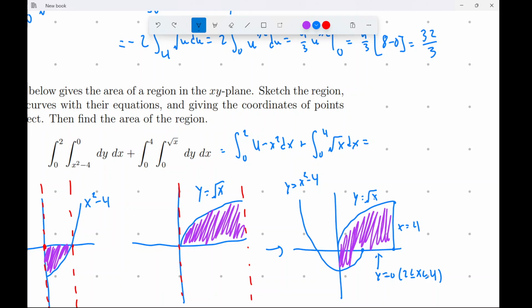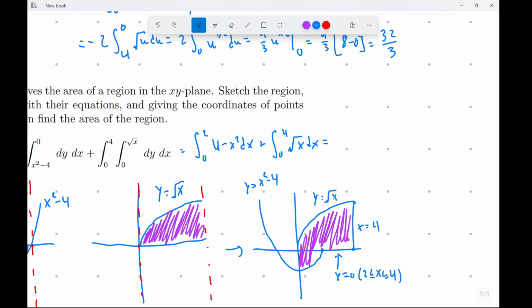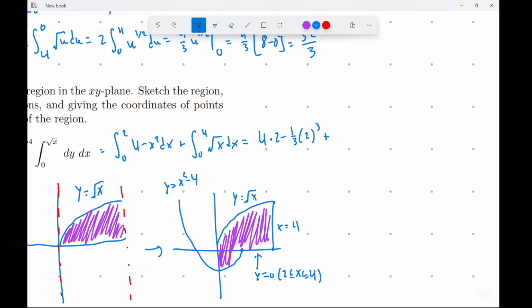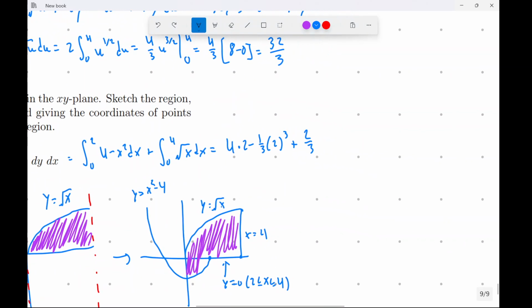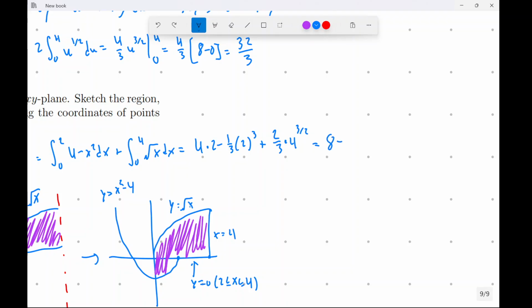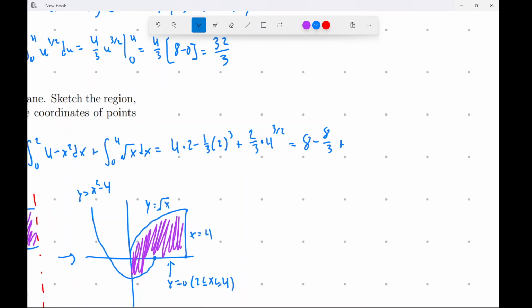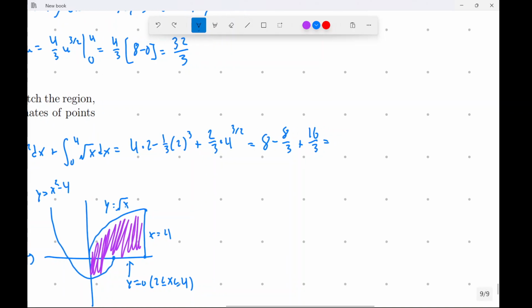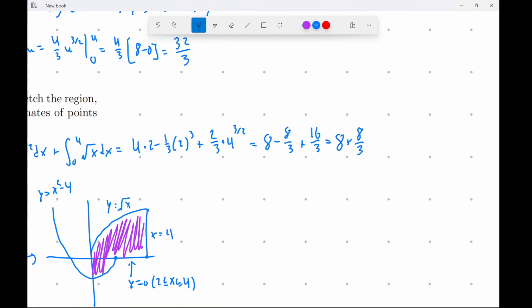Okay, so that is 4 times 2 minus 1/3 times 2 cubed plus, okay, then I can't do this other integral in my head. That is 2/3 x to the 3/2. This is 8 minus 8/3 plus, let's see, 4 to the 3/2 is 8, so that's 16/3. And so our final answer is 8 plus 8/3.